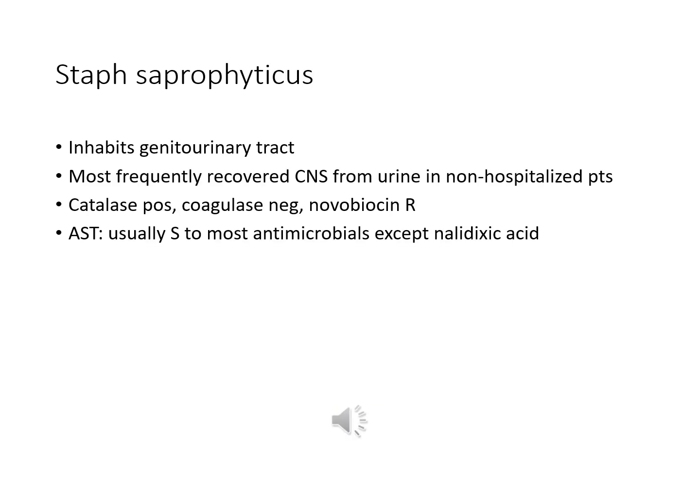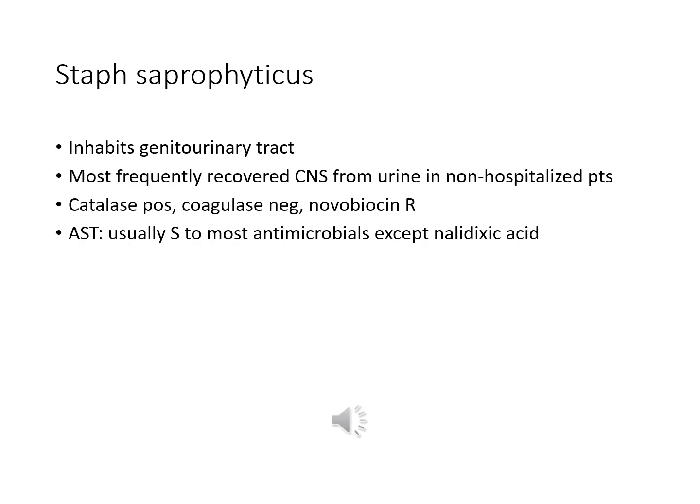Staphylococcus saprophyticus. This organism inhabits the genitourinary tract. It's the most frequently recovered coagulase-negative staph from urine in non-hospitalized patients. It is catalase positive because it's a staph. It is coagulase negative because it's not Staph aureus, and it is resistant to novobiocin.